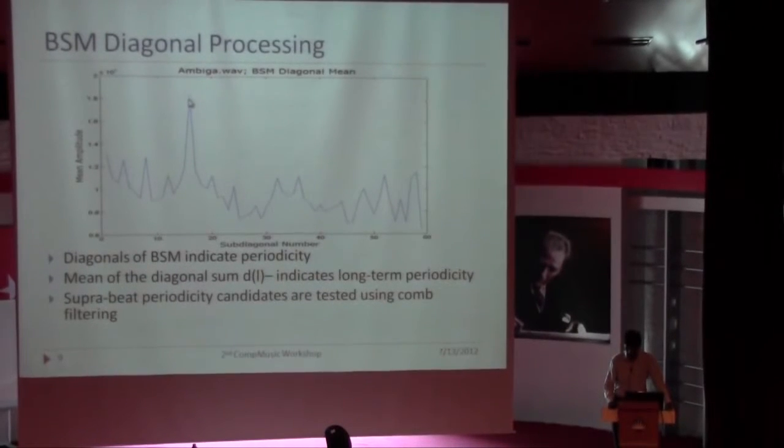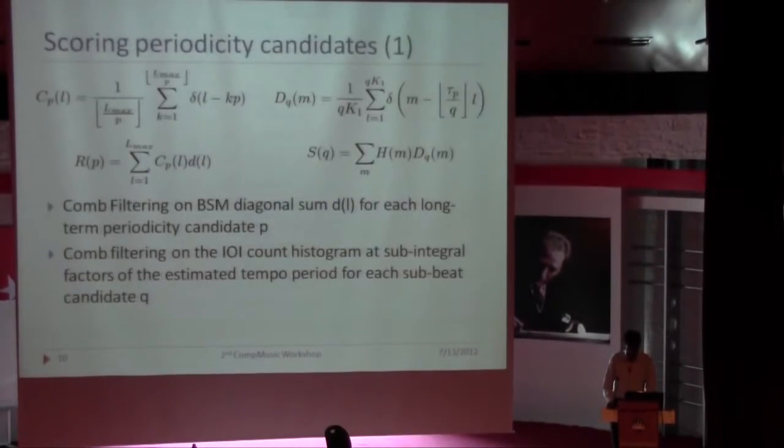But then we need to look at multiple periodicities. This directly gives us a peak, but it's not so obvious in most of the cases. So that's why we use this formulation. It might look a little tricky, but it's just a comb filter.